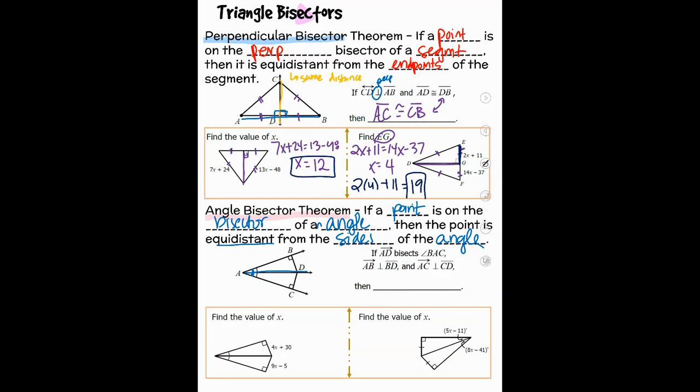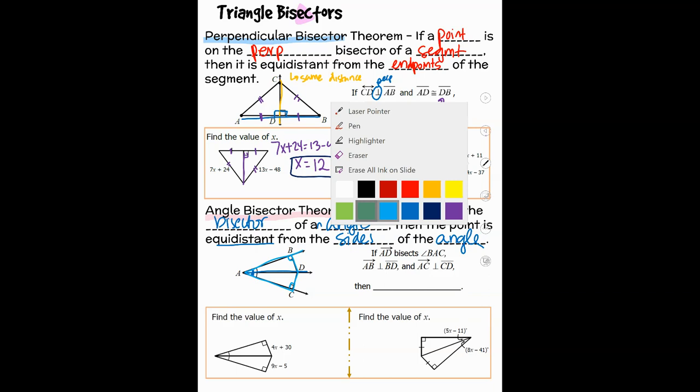And we know that AB is perpendicular to BD, creating this right angle, and AC is perpendicular to CD, creating this right angle. Then what has to be true?